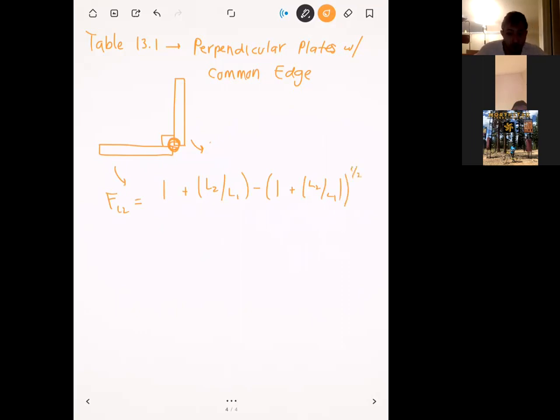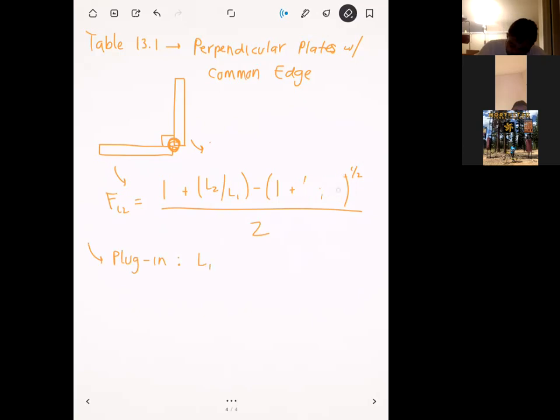So we're going to take the square root of that. Sorry, there should be a square on the L2 over L1 inside the parentheses. And then we're going to divide all of that by 2. That's the formula from the book.